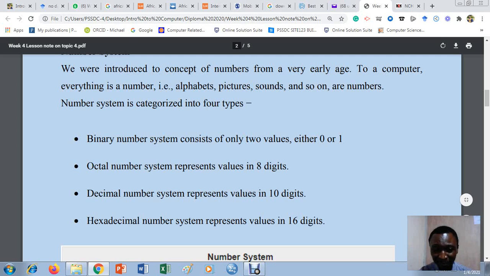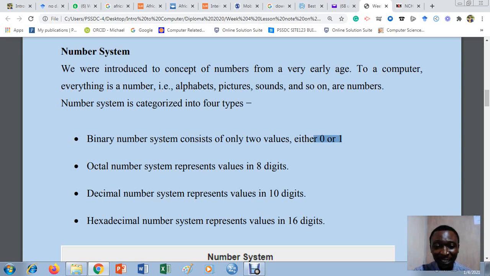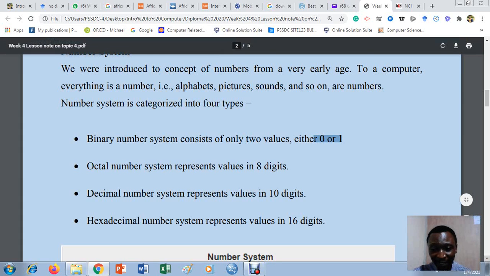The decimal represents the value of 10. The octal represents the value of 8, while the binary represents zeros or 1. So those are the 4 different types of numbering system that you need to familiarize yourself with: the binary, the octal, the decimal, and lastly the hexadecimal.